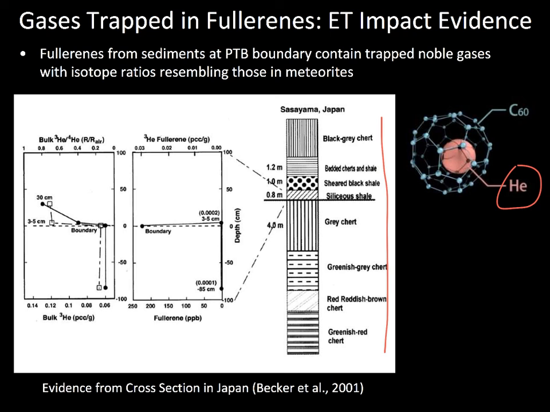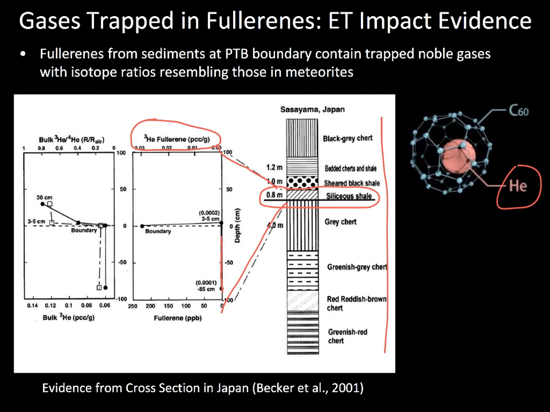Pretty cool. And what you can see is that over here they're looking at the levels not of helium-2 but of helium-3, which is not an Earth isotope of helium. To give you this data, they've zoomed in on a particular part of this cross-section right around the Permian-Triassic boundary, right here. Approaching the boundary, you can see that the amount of helium-3 trapped in fullerenes remains about 0.